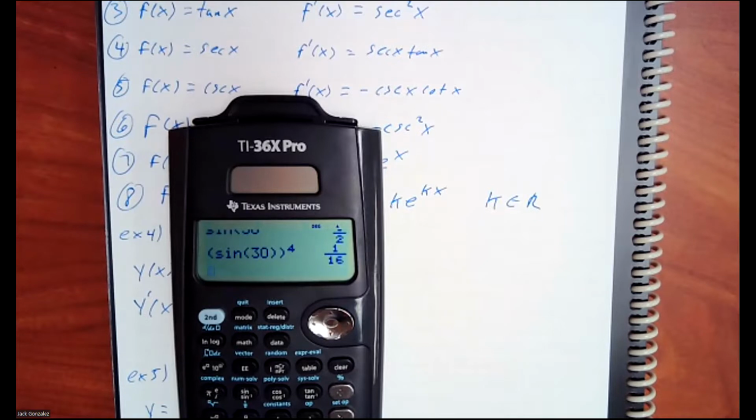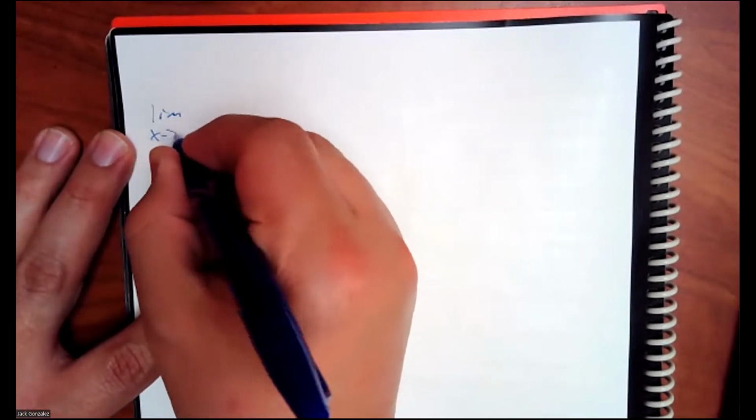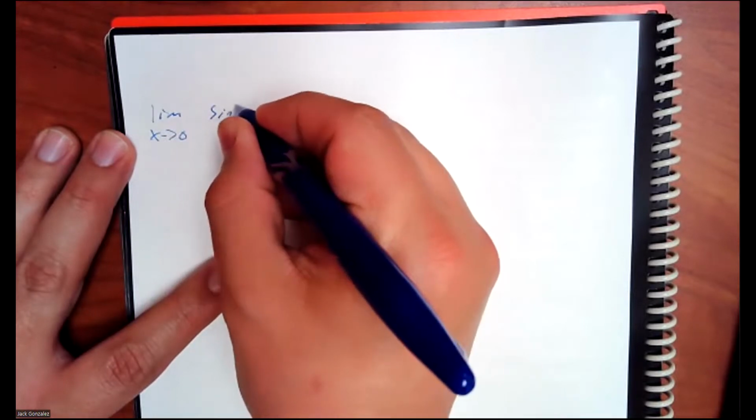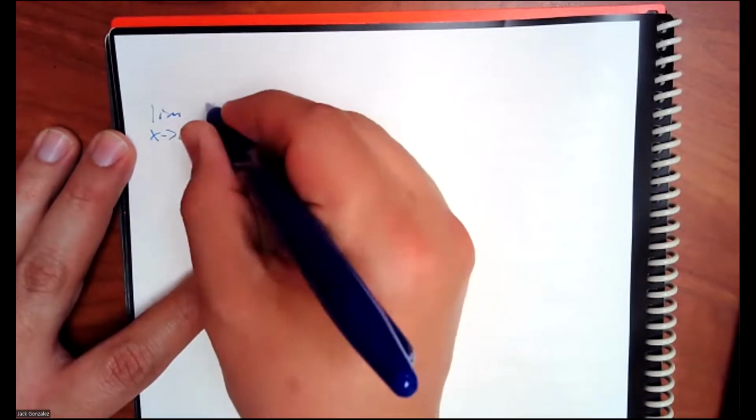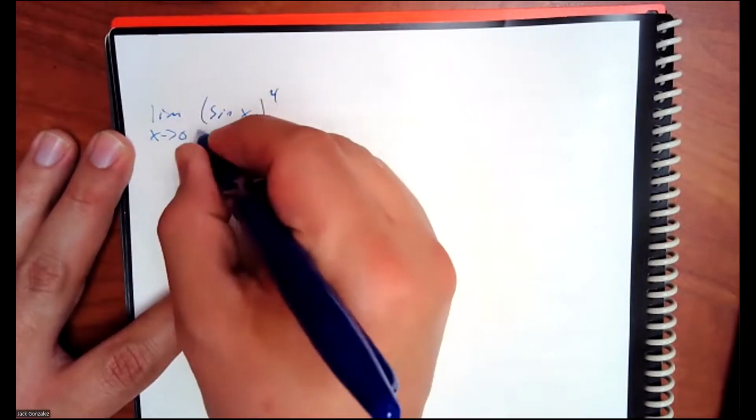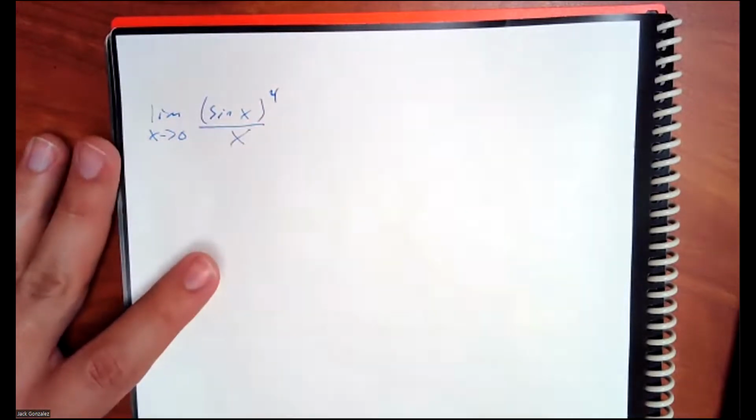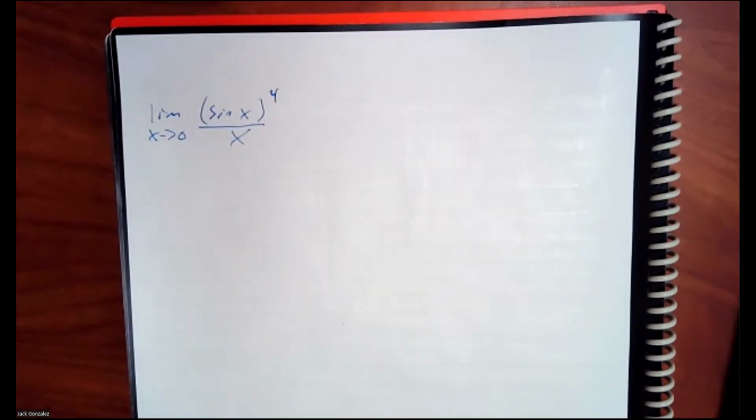So what I'm seeing here is the limit as x goes to 0 of sine to the 4th, and I'm understanding it this way. They're just writing it differently.